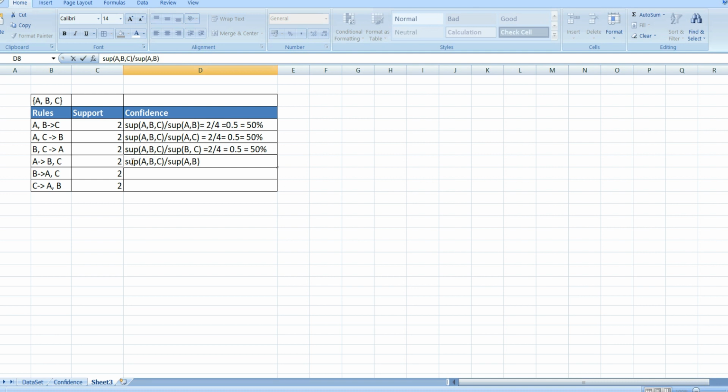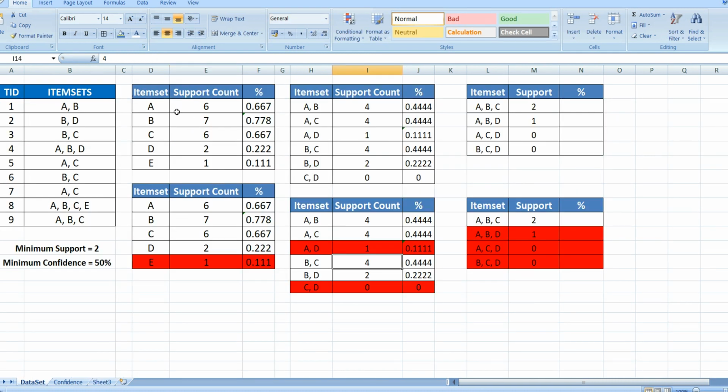With the same, again we do, but this time our support is A. So let's go ahead and do a 2 divided by the support of A. We go and check the support of A from the first frequent item sets, which becomes 6.